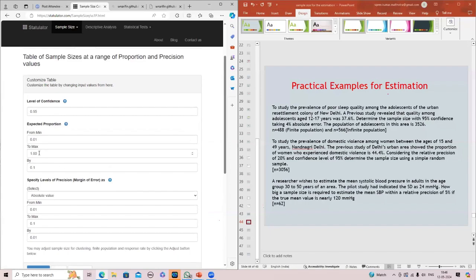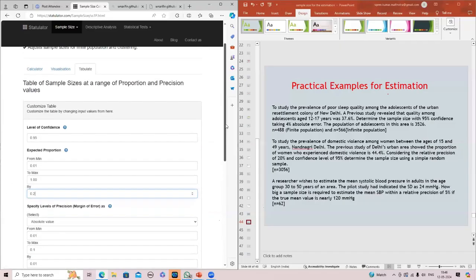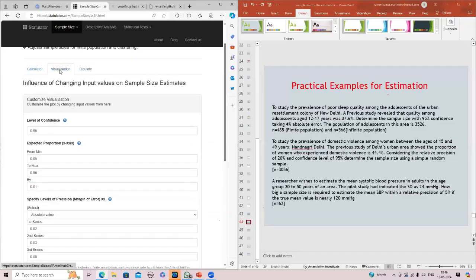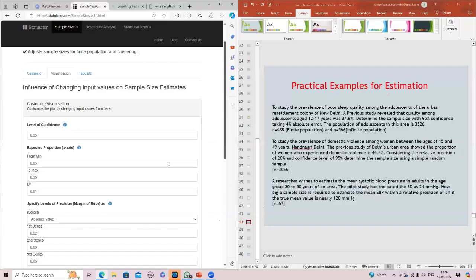Minimum is this one, maximum is this one, by this one. If you want to change it to 0.2, the table will change. So you can modify your table according to your requirement. Similarly, in the visualization graph, you can change according to your requirement. This is the parameter you have to change to get the visualization.